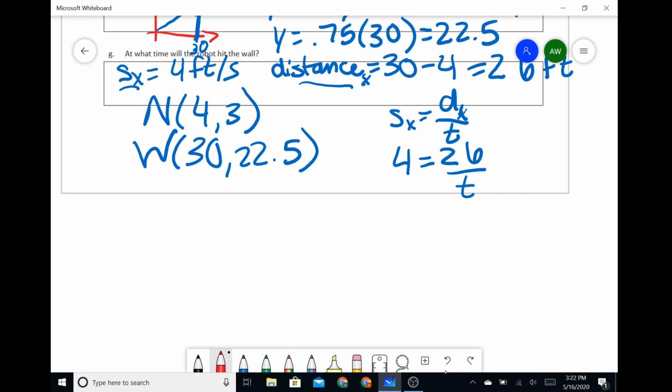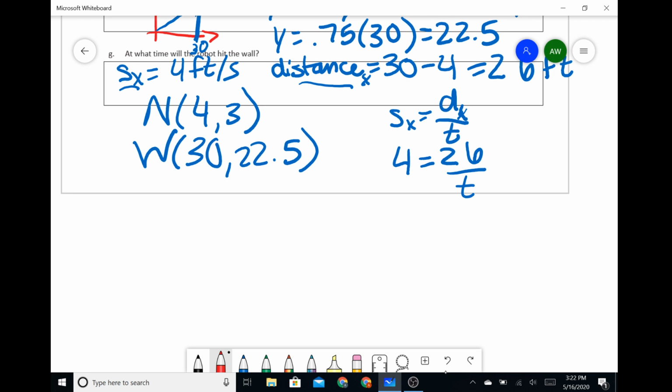We take the top of one fraction and multiply it by the denominator of the other. So the numerator 4 times the denominator t is equal to 26 times 1, which is just 26.